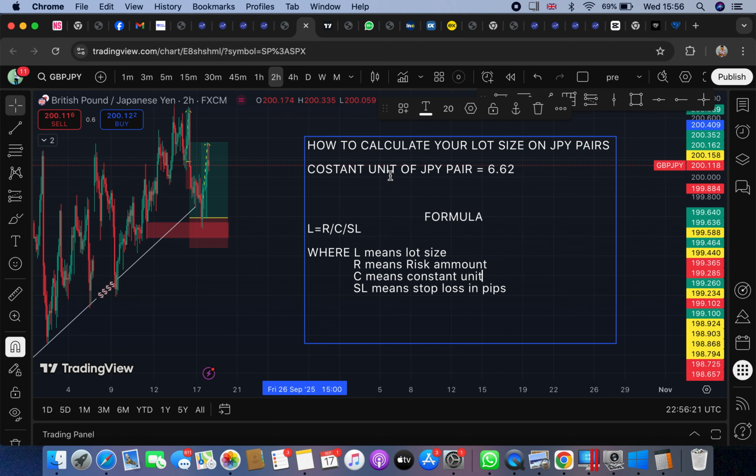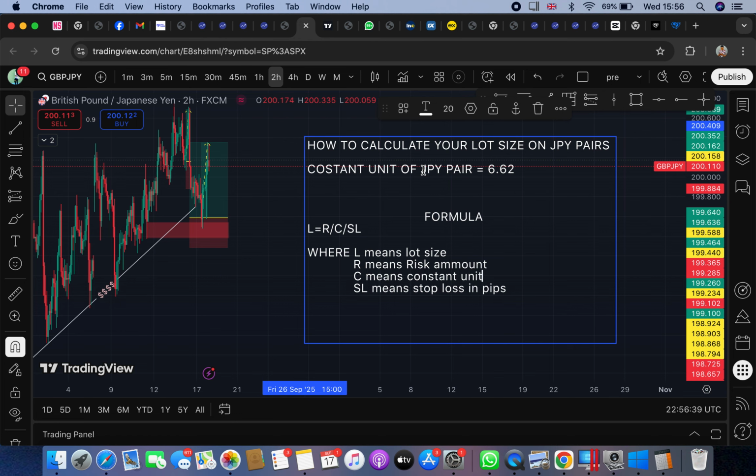This is the formula, or step-by-step guide, on how you can calculate your lot size under JPY pairs alone.